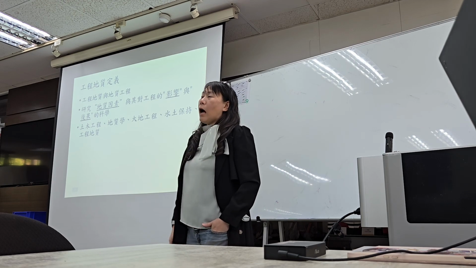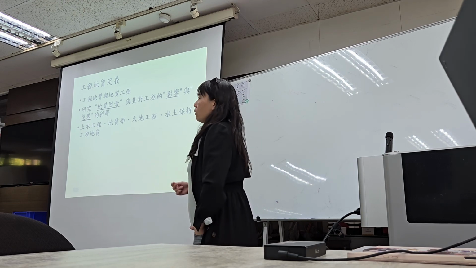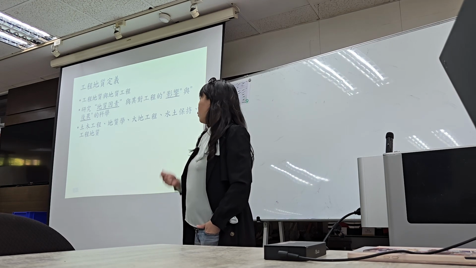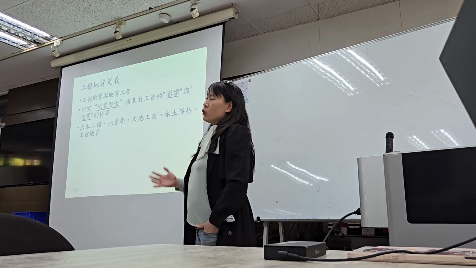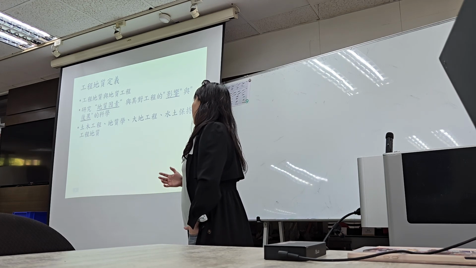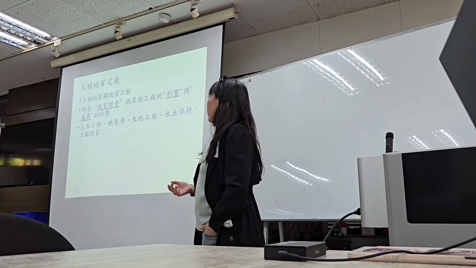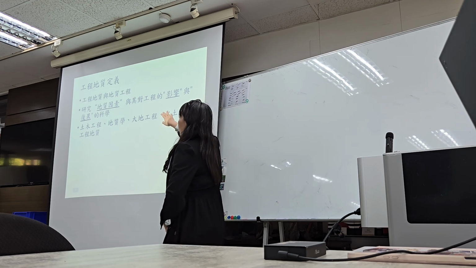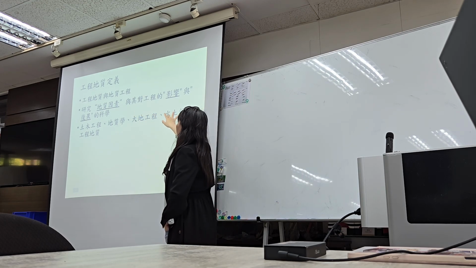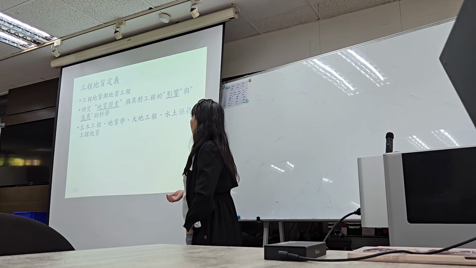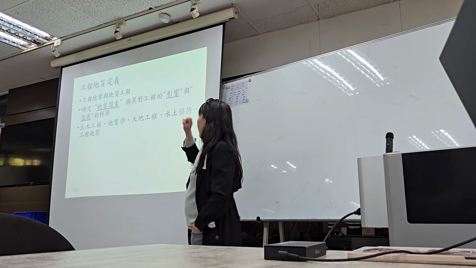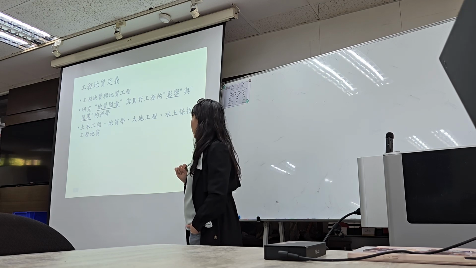So how can we define what civil engineering is? We would like to say civil engineering or engineering geology. We want to know what happened in this area, and what the impact of geology is, especially for civil engineering.